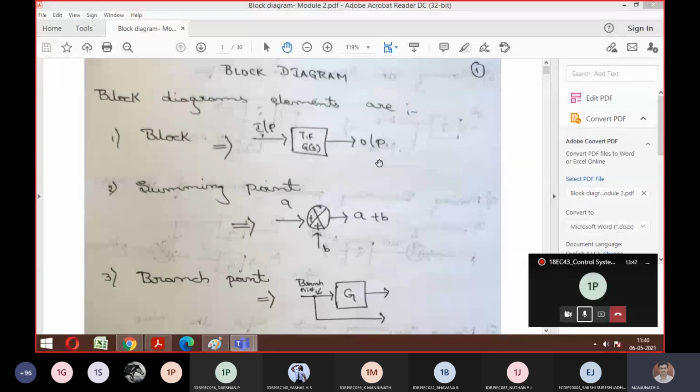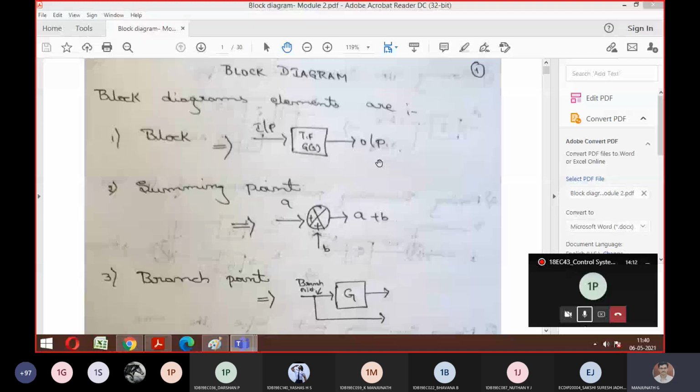I told you in the last class, block diagram and signal flow graph are nothing but a pictorial representation. You can represent a given system in picture form.